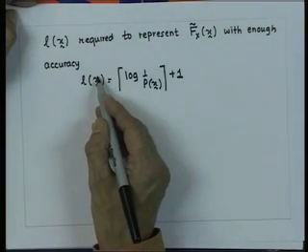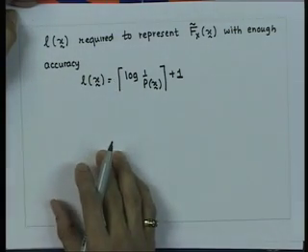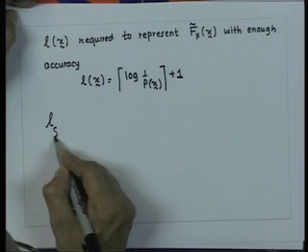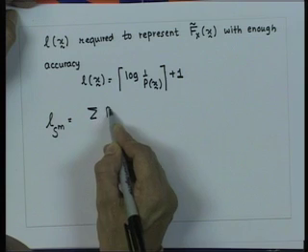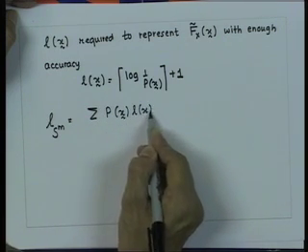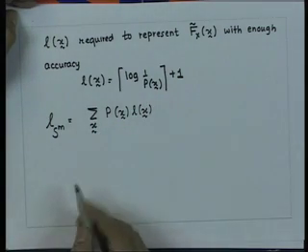So, the average length of an arithmetic code for the sequence of length m is given by the summation over all x of P(x) L(x).